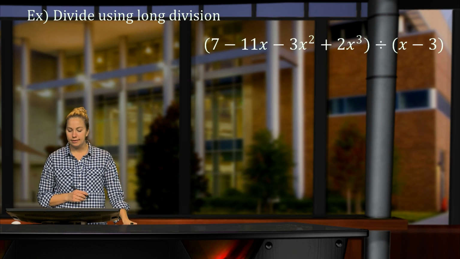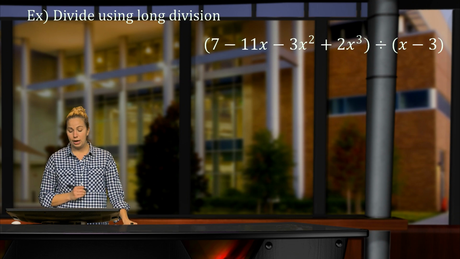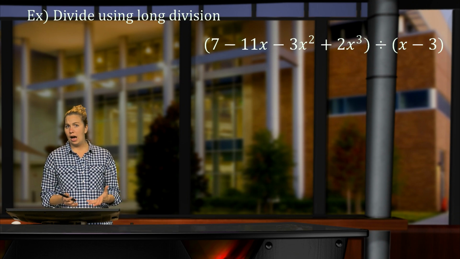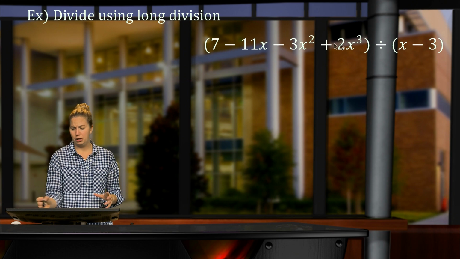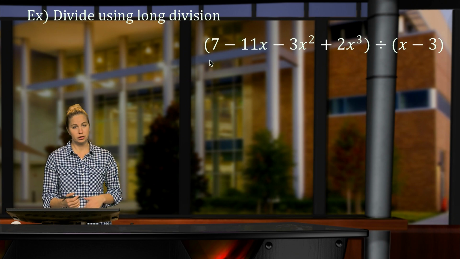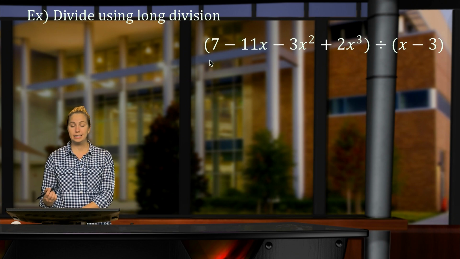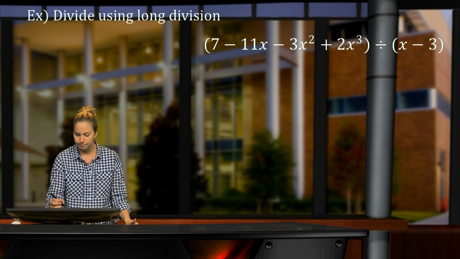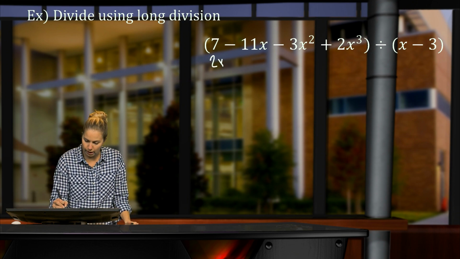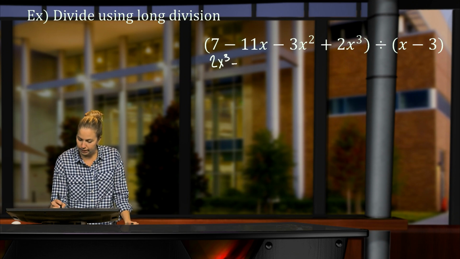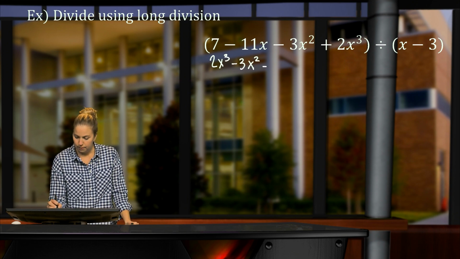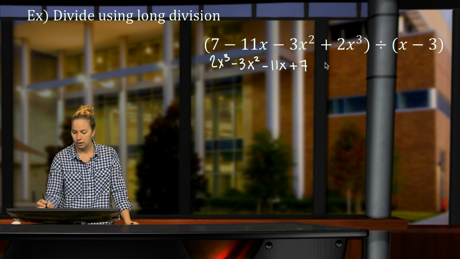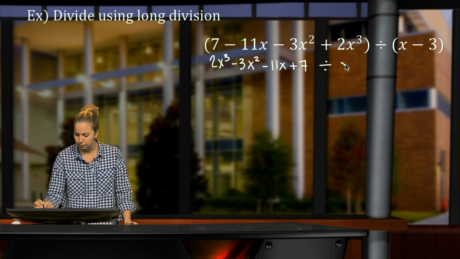7 minus 11x minus 3x squared plus 2x cubed divided by x minus 3. First observation I have is that this polynomial right here is not in the right order. So I'm going to rewrite it so that it's in standard form. That means having my exponents in decreasing order. So this is 2x cubed minus 3x squared minus 11x plus 7, divided by x minus 3.